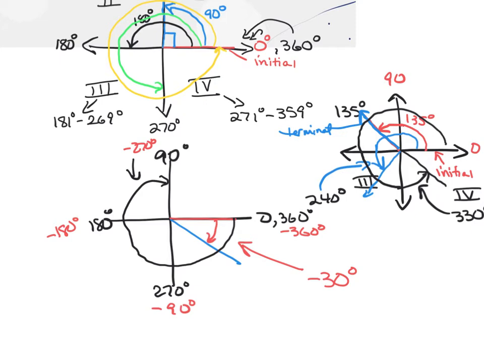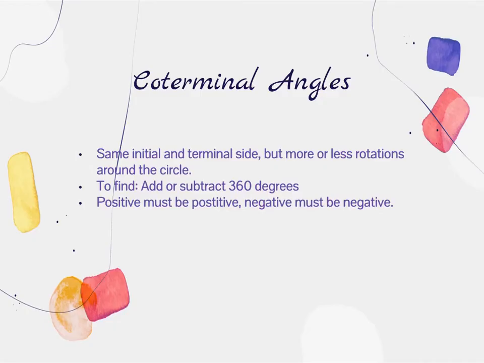Let's look at a vocabulary word that you're going to see. The word is coterminal. So when you have coterminal angles, they're going to have the same initial side and the same terminal side, but what's going to happen is you're going to go around more or fewer rotations around the circle.